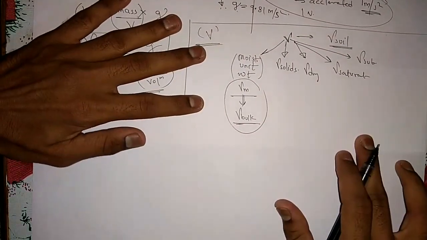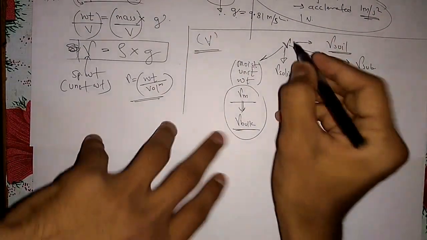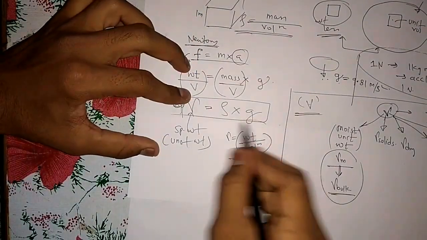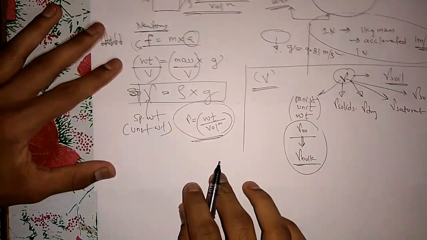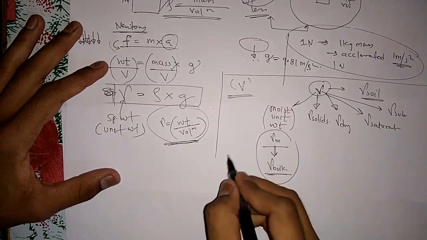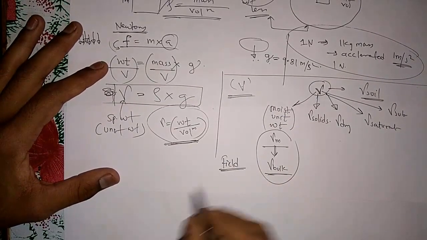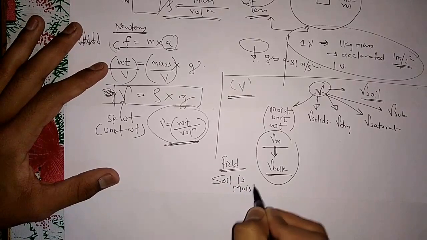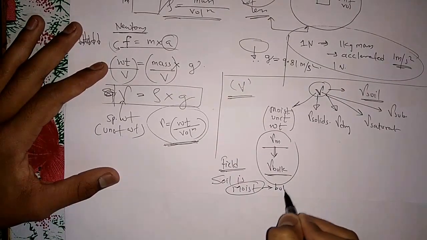So look, what is this? I will just continue with this one. This is gamma. Basically, gamma is simply weight upon volume. Now this weight upon volume is termed in other words, like when you consider the field, in the field soil is moist, or you can say bulk quantity.